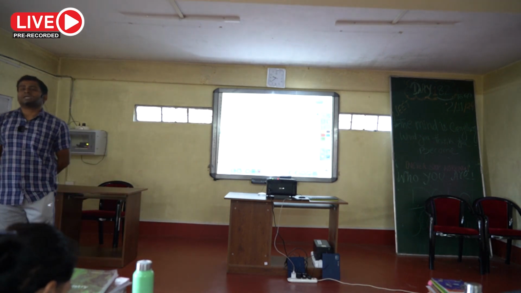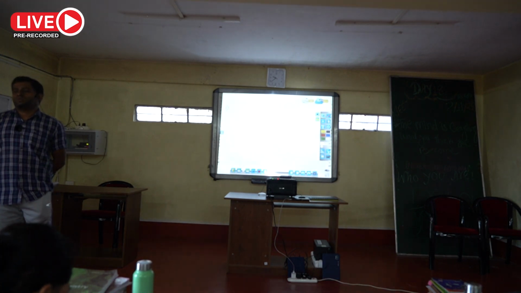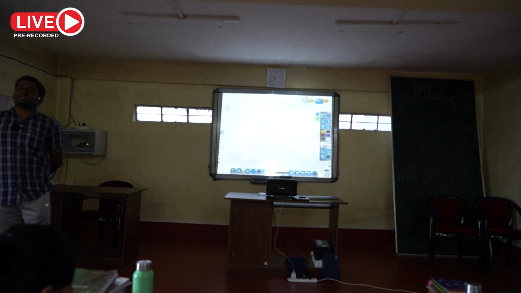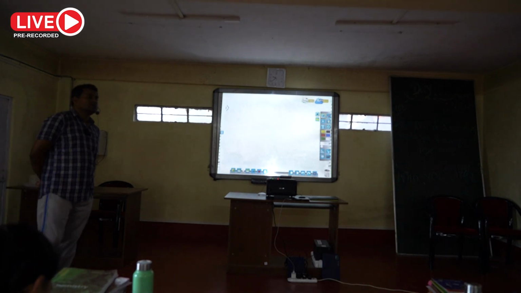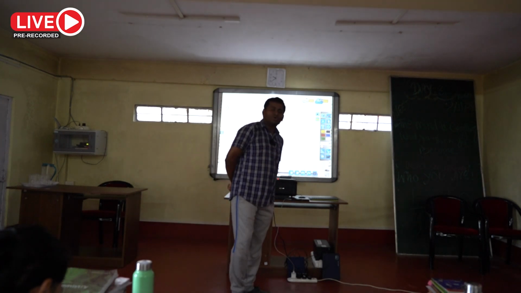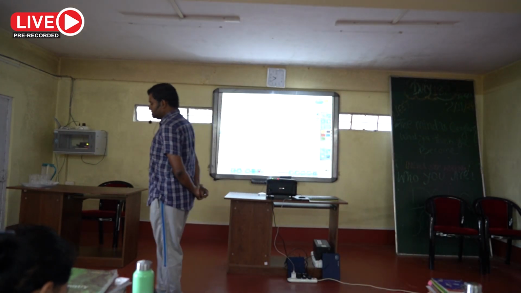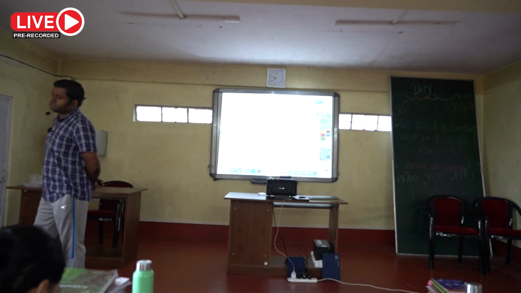How long will the particle take to reach the ground? Small g is given as 10 meter per second square.